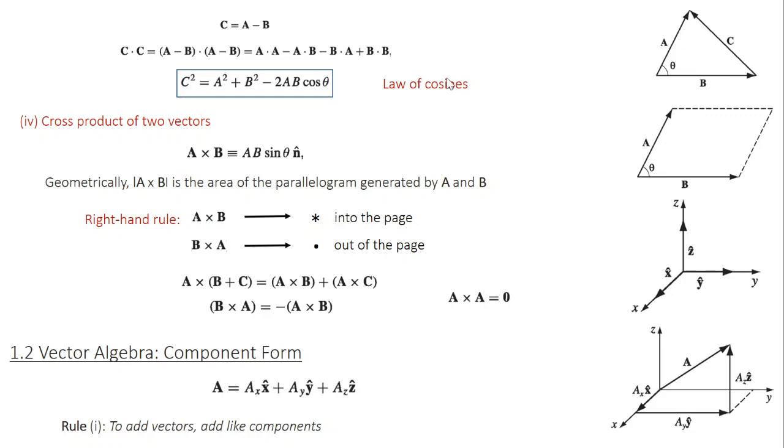So this is a consequence of the dot product of two vectors.